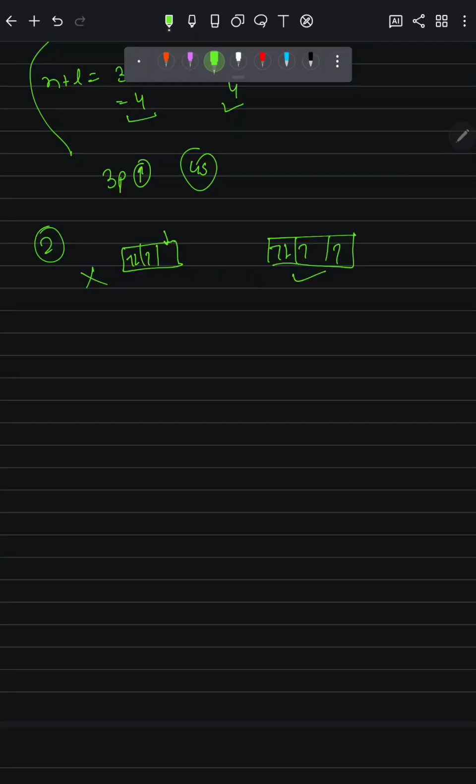To get the multiplicity, we calculate S, the summation of all the small s values: 1 upon 2 minus 1 upon 2 for this one, plus 1 upon 2 for this, and plus 1 upon 2 for this also. So the value is 1 upon 2, which is the total spin.